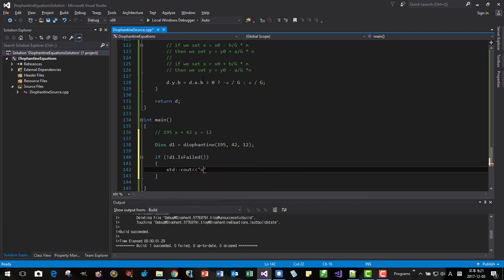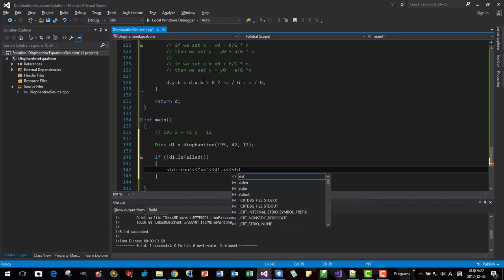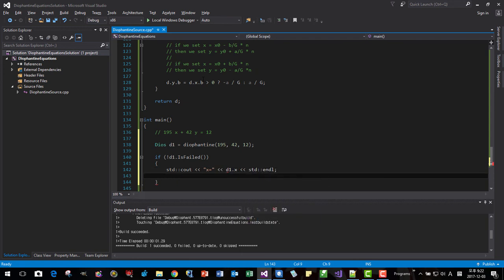We can say x equals d1.x, and now we put another one, this is y, d1.y.